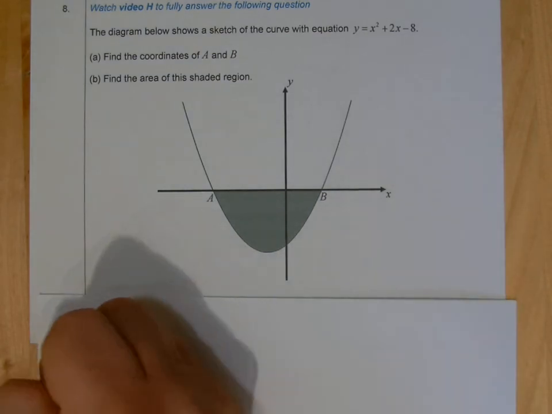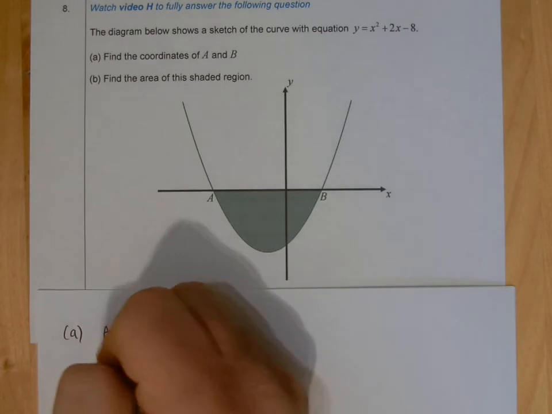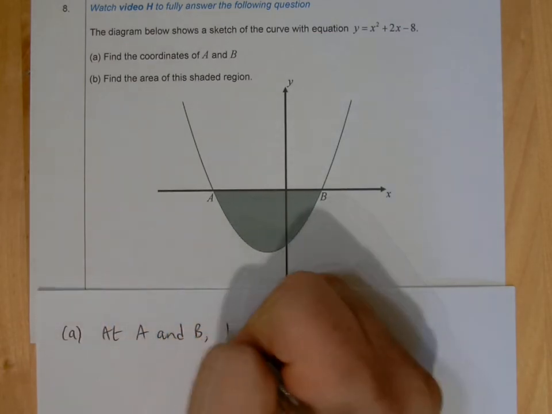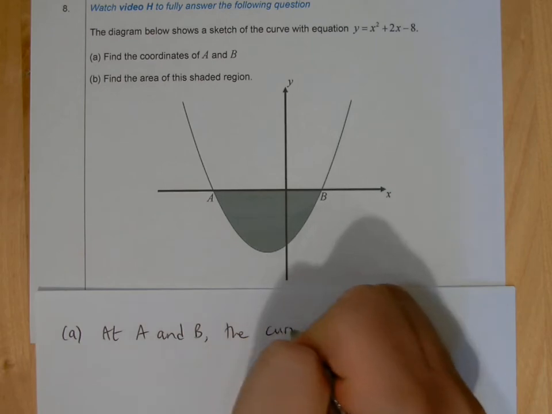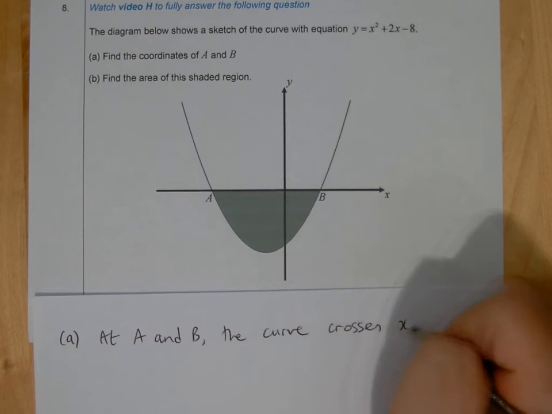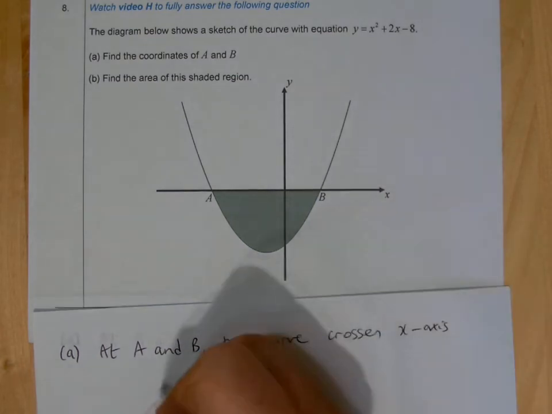So we need to find A and B. But of course, to find A and B, it's not that difficult, is it? Because we just need to appreciate at A and B, as we discussed last time, the curve crosses the x-axis, where, of course, y will equal 0.